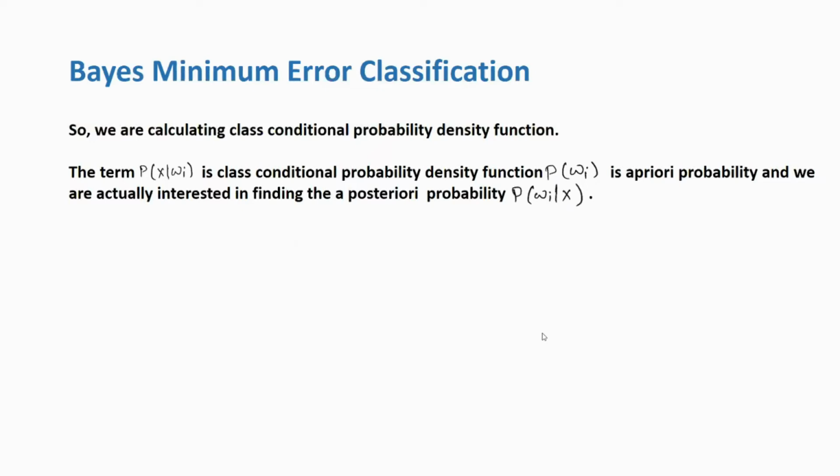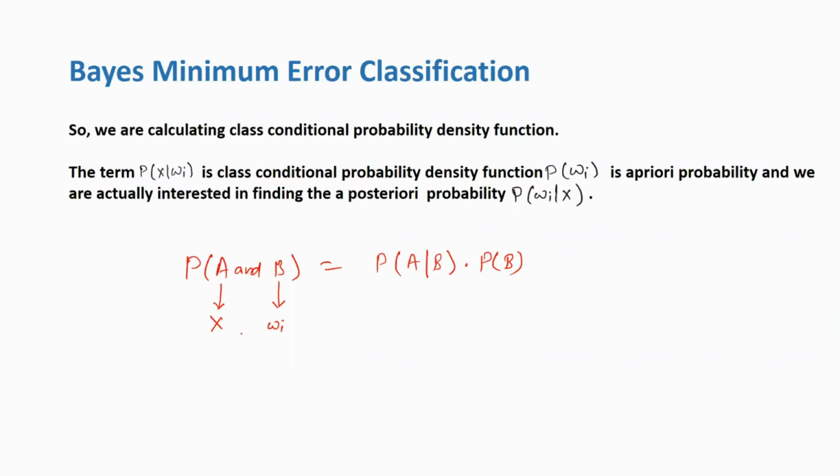So suppose any given thing. In the basic probability rule, we write the probability of A and B will be what? According to the Bayes theorem, probability of A given B multiplied by probability of B. So this A here in our case is nothing but these feature vectors X, and this B is nothing but some given class omega i.